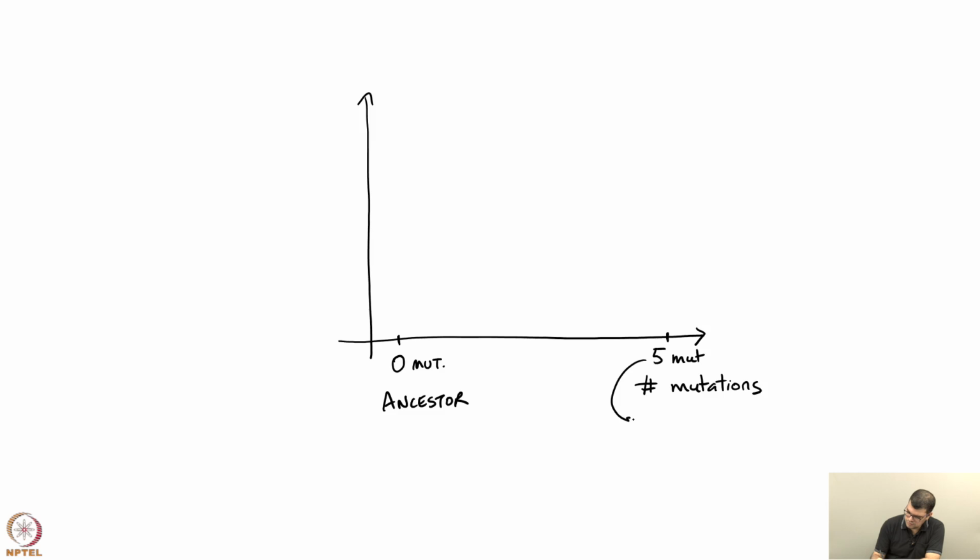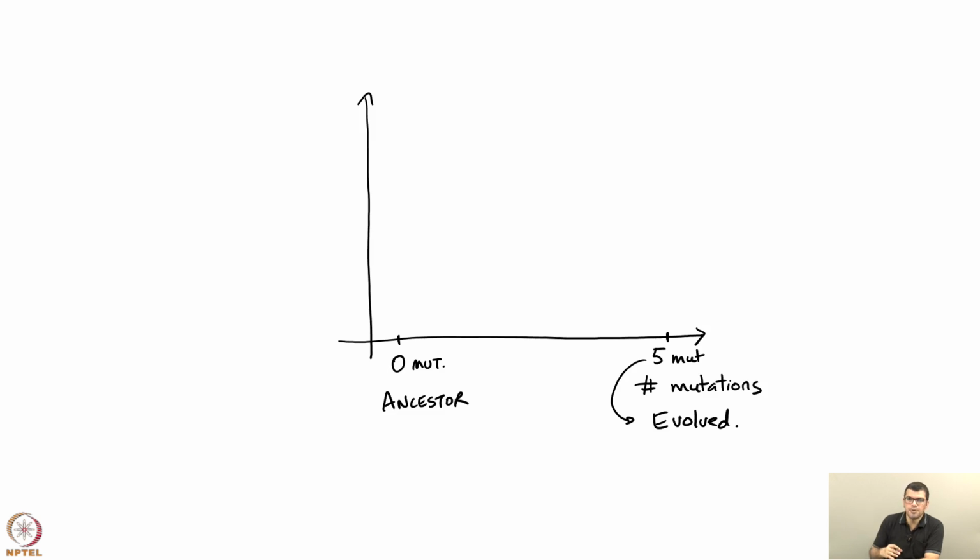As I mentioned, this experiment has been going on for more than 80,000 generations, and many more mutations have subsequently been acquired by these strains.